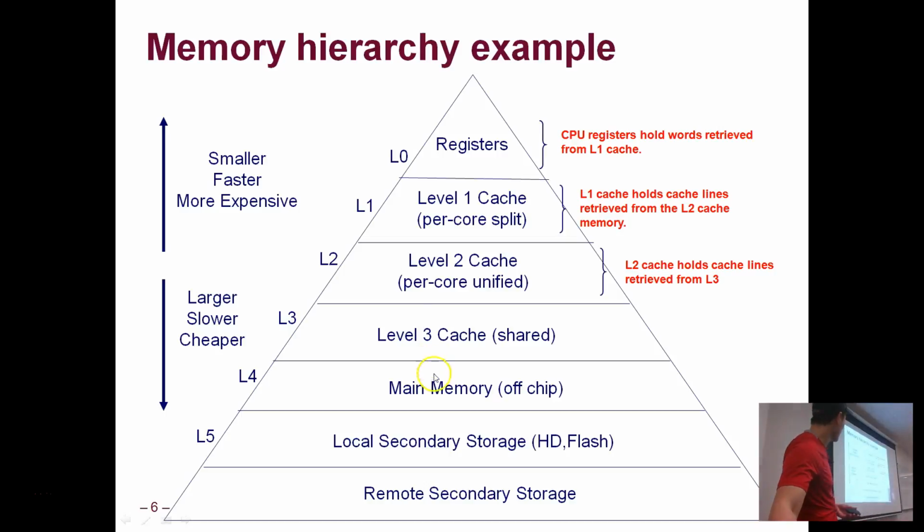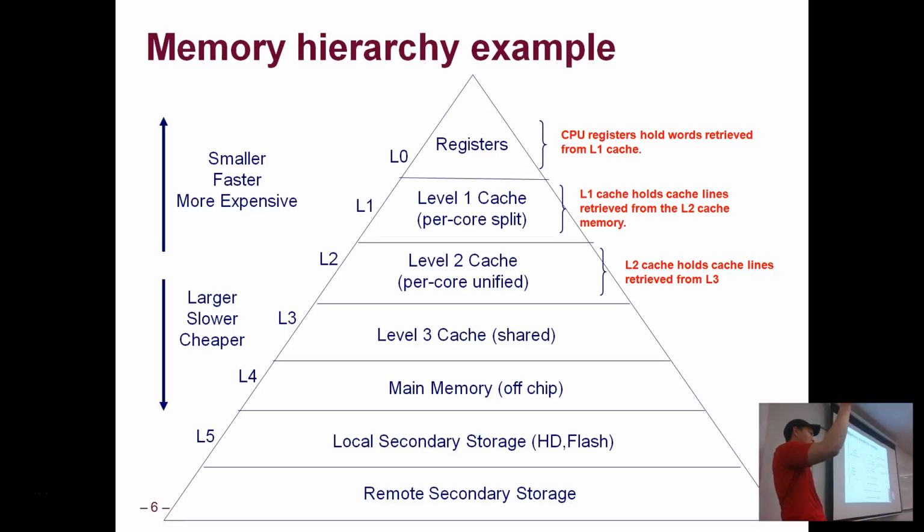And then from there, you have levels of cache, which we label L1 through L5. As you go down the hierarchy, you get into slower forms of storage: from per-core on-chip caches, to unified core on-chip caches, to shared on-chip caches, to off-chip main memory.